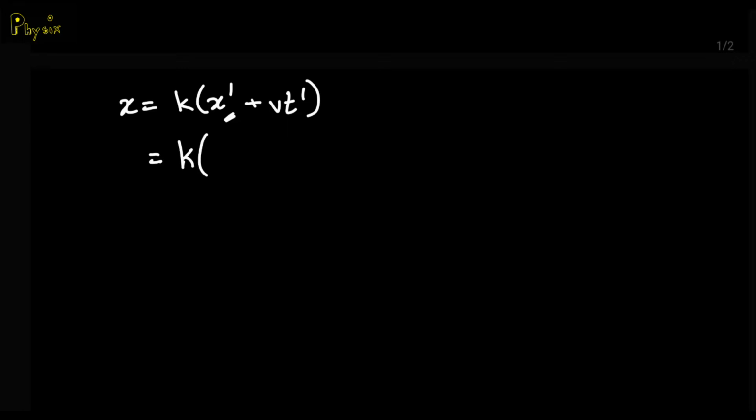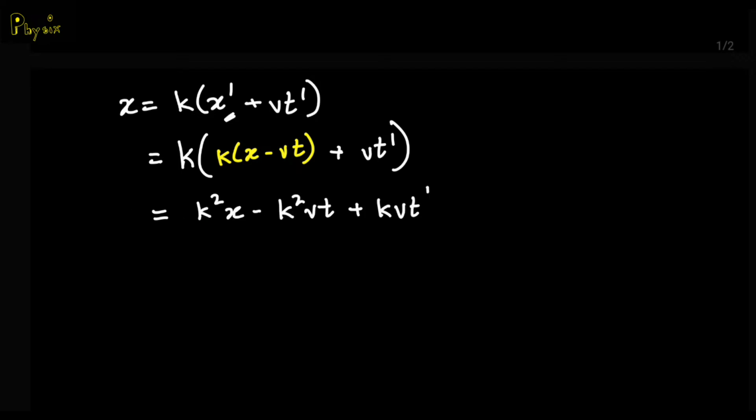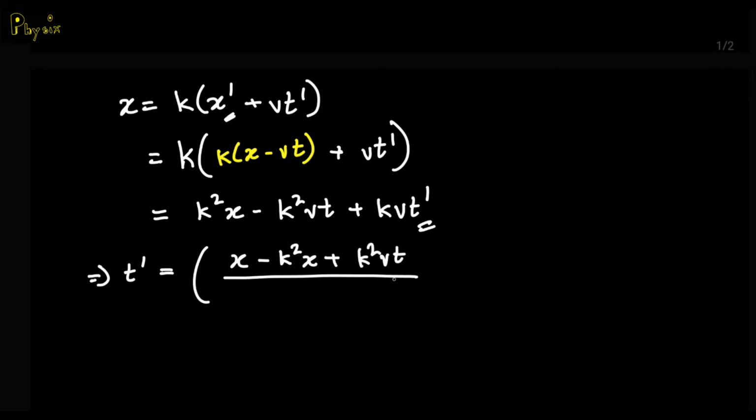So we could further write this down as, and this is using equation 5. And we further simplify this to get, and now we represent t prime with respect to the other variables. This is our equation 7.